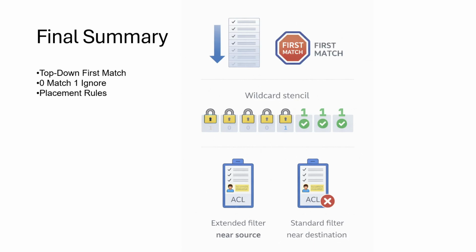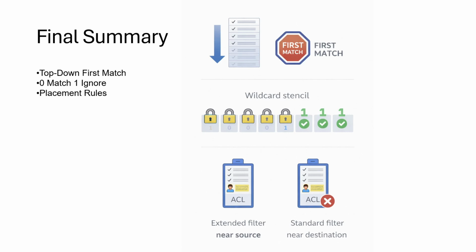Let's lock it in. An ACL is a list of filter rules, and each rule is an ACE. Packets are evaluated top-down, first match wins, and if nothing matches, the implicit deny blocks the packet. Wildcard masks match IP ranges with one clean rule. 0 means must match, and 1 means ignore. Standard ACLs are simple, mainly source IP.